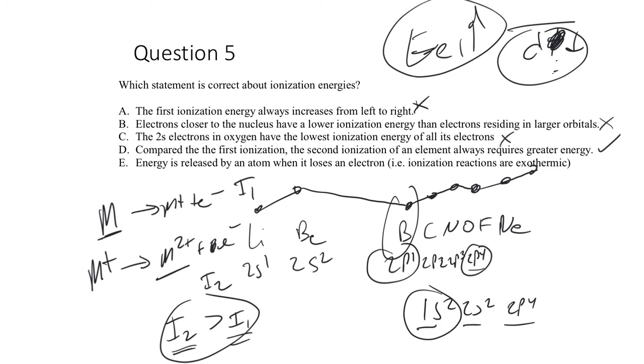So I2 is always greater than I1. So this is always true for all elements in the periodic table. E should be false. Energy is released by an atom when it loses an electron. Losing an electron requires the input of energy, so electrons are held onto by atoms, so it takes energy. So endothermic reactions, not exothermic reactions, for losing electrons.